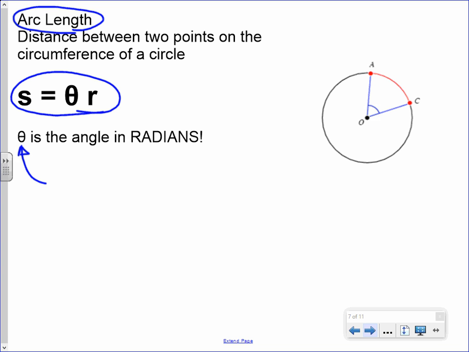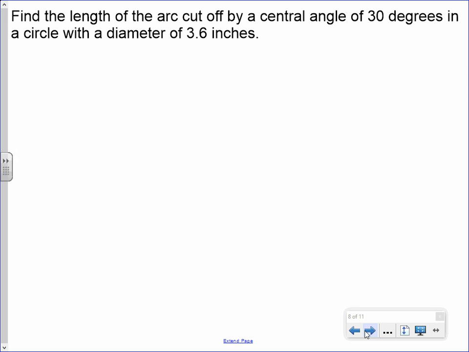Okay. There'll be some words on the next page. I'm going to tell you which ones to write down. Okay. I want you to write down that we have a central angle of 30 degrees in a circle with a diameter of 3.6 inches.